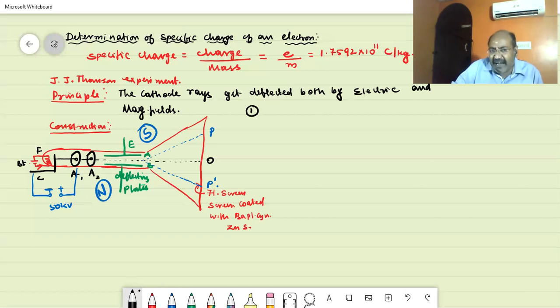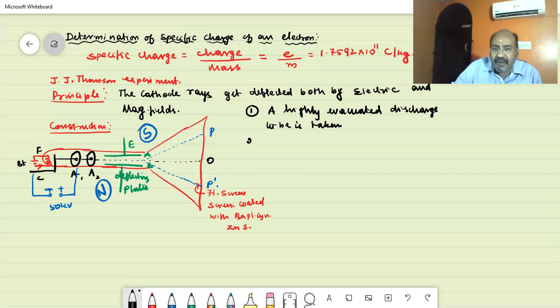First of all, a highly evacuated discharge tube is taken. Number two: when a highly evacuated discharge tube is taken, the cathode rays are produced inside the discharge tube.